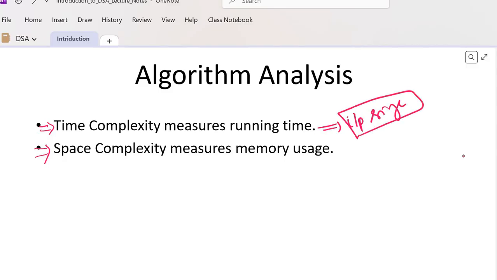According to the input size, the running time of an algorithm varies. At certain points the running time may go to a maximum and again fall to a minimum. Space complexity measures the amount of memory used by an algorithm during program execution. So these are the two measures of algorithm analysis.